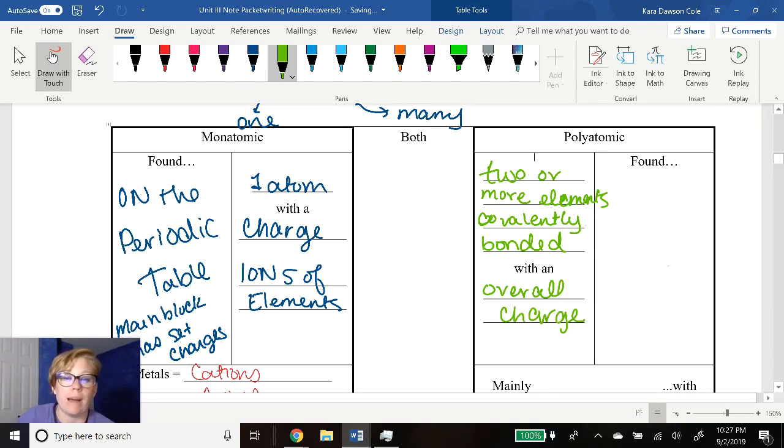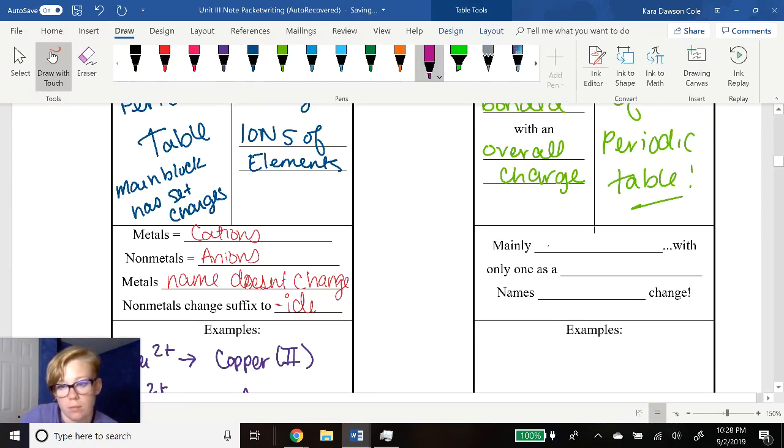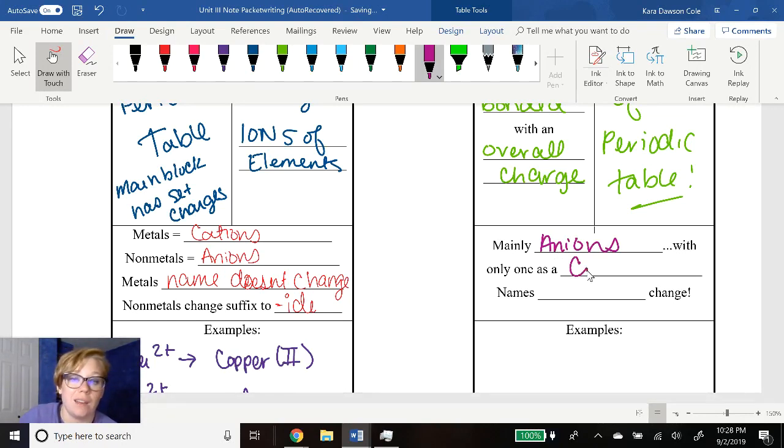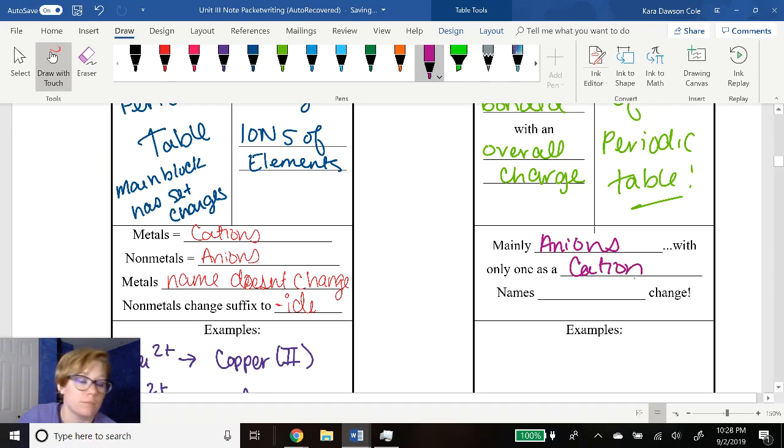These are found on the back of the periodic table. These are mainly anions, with only one as a cation. These guys, the names do not change.